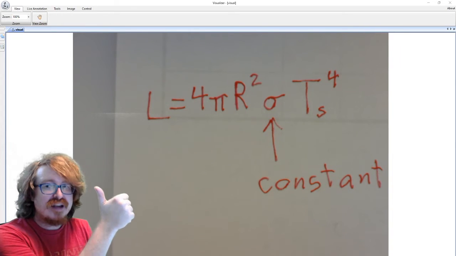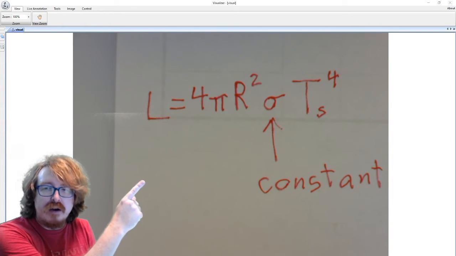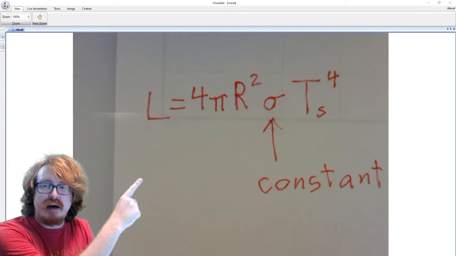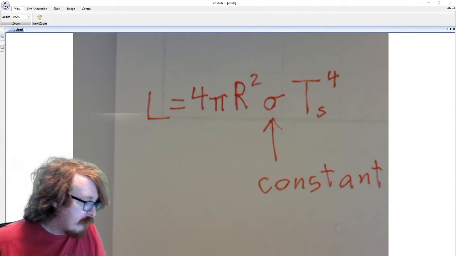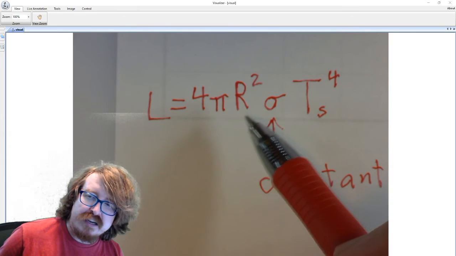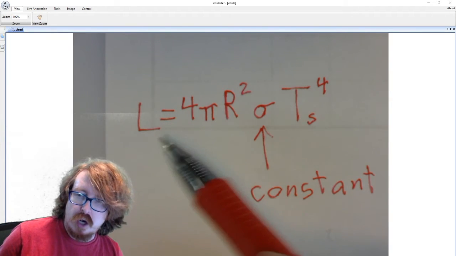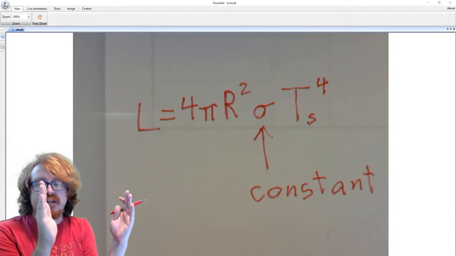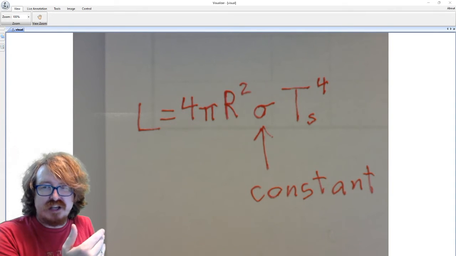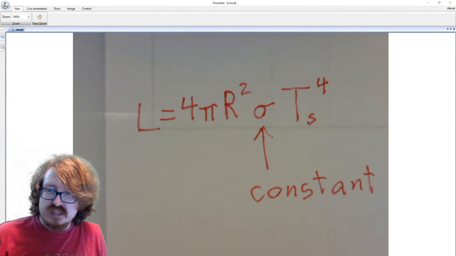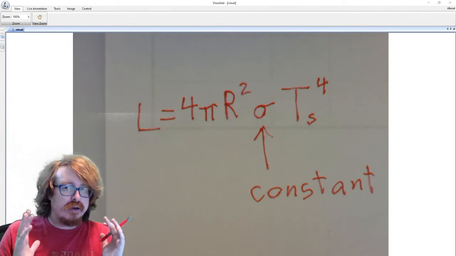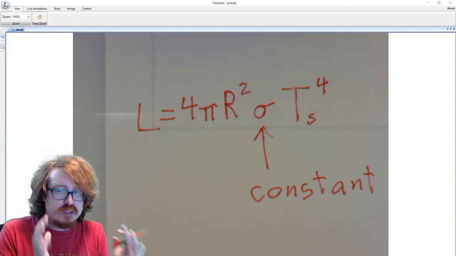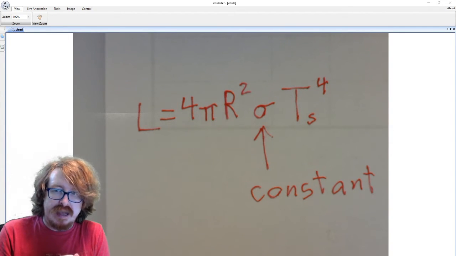Hotter objects are brighter, okay? But this also says if you increase the radius, the luminosity will go up. So that means the bigger a star is, the more light it's going to make. And that's also not surprising. Bigger stars have a bigger surface area, so there's more space for light to come out, okay?